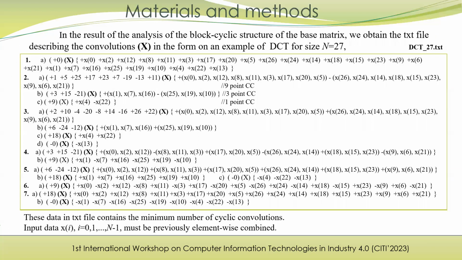As a result of the analysis of the block cyclic structure of the base matrix, we obtain the TXT file describing the convolution, on the example of DCT for size 27. This data text file contains the minimum number of cyclic convolutions. Input data must be previously element-wise combined.